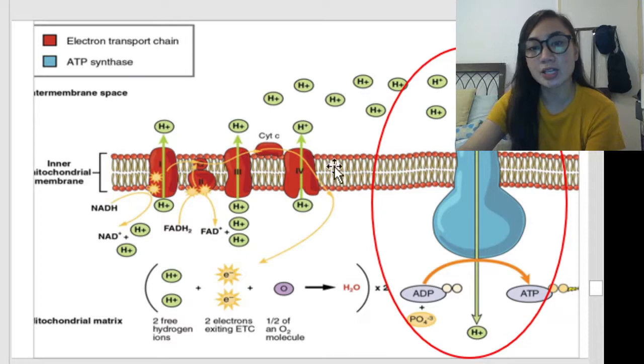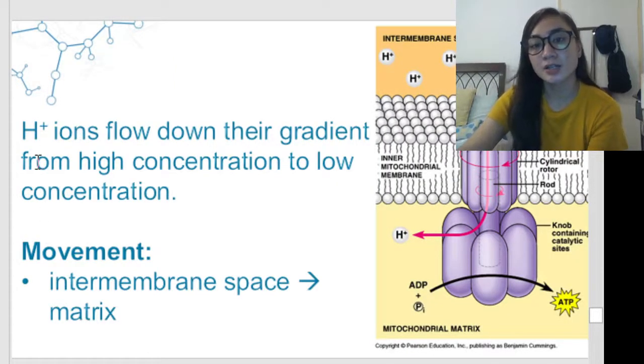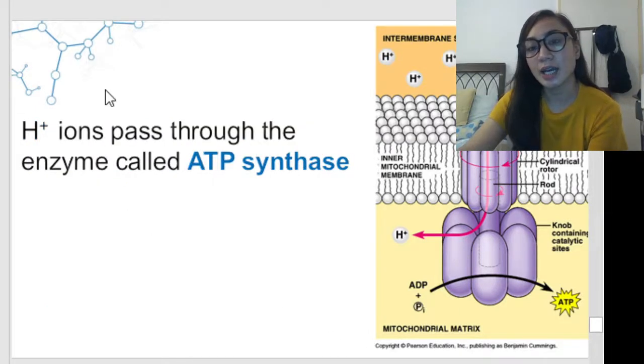Pero, dadaan muna siya sa ating tinatawag na ATP synthase. Okay? So, ito yung ATP synthase natin. So, hydrogen ions flow down the gradient from high concentration to low concentration. And hydrogen ions pass through the enzyme called ATP synthase. So, yung purple na yan.